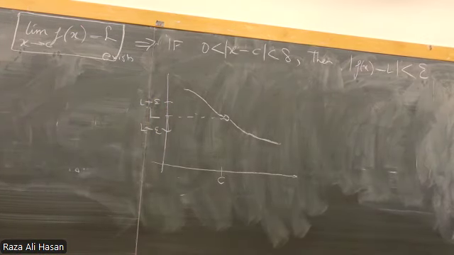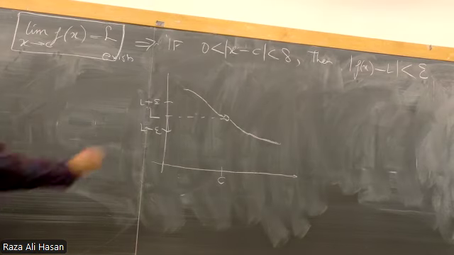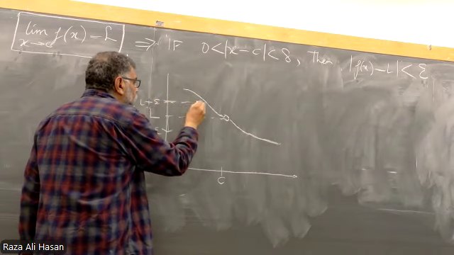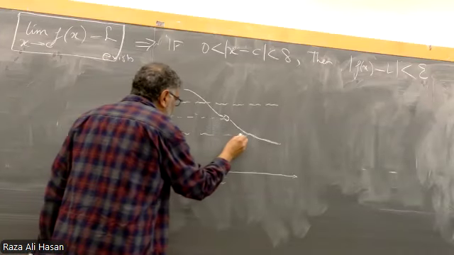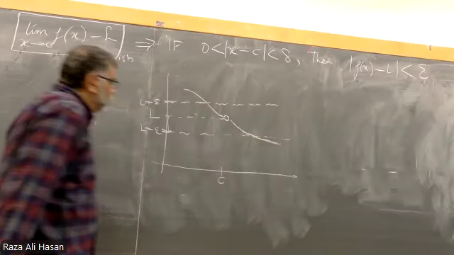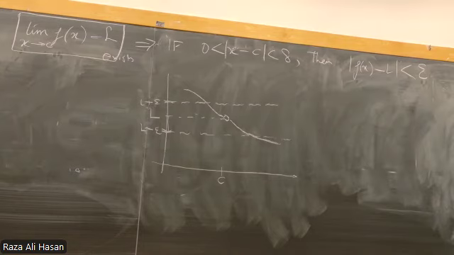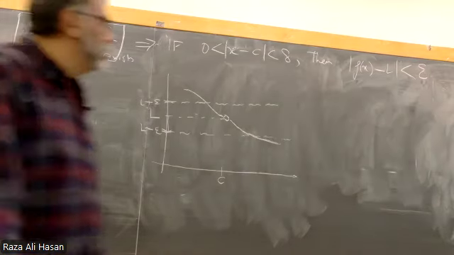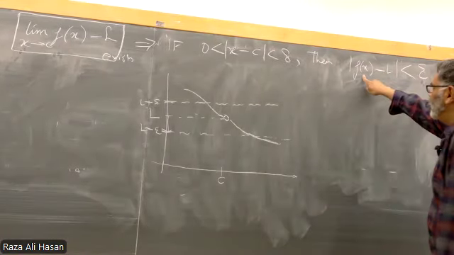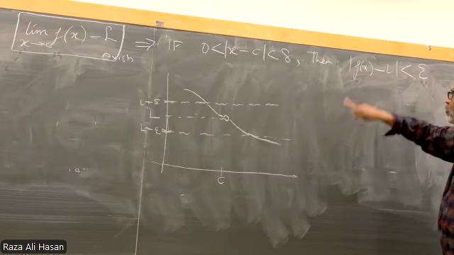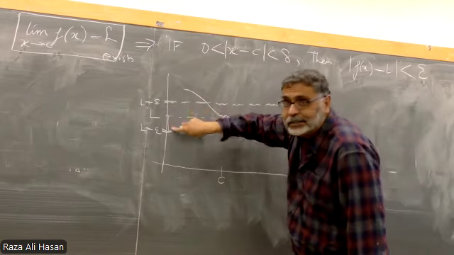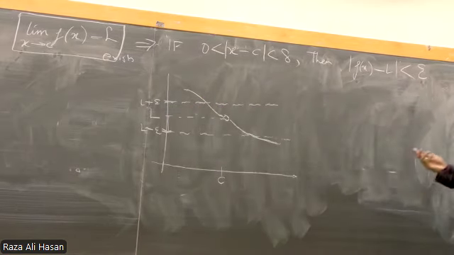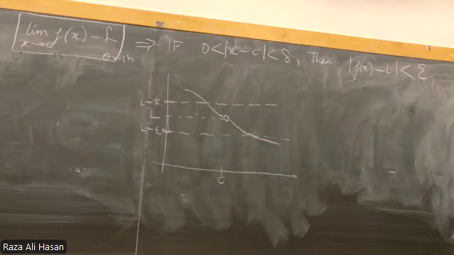Okay. Now, next step is draw the horizontal lines. All right, we're looking good. Now, what we want to make sure, once we've figured this out, is that all these f(x)'s fall within this, right? So now, what is the value of delta? How do we figure that out?